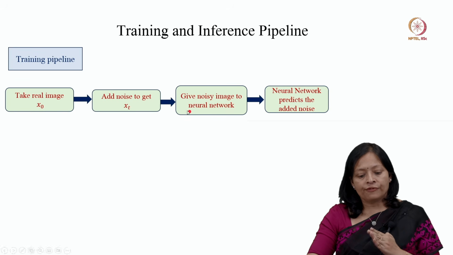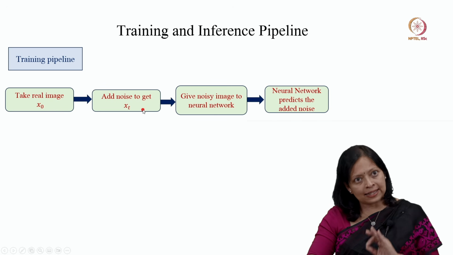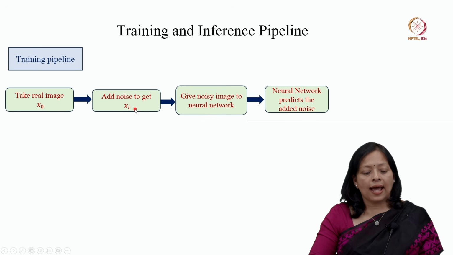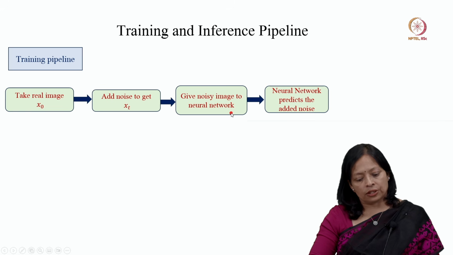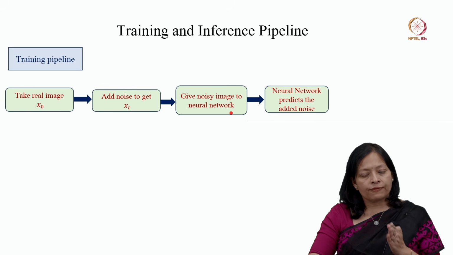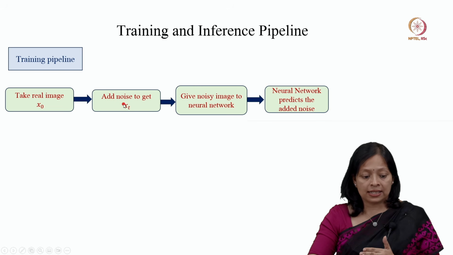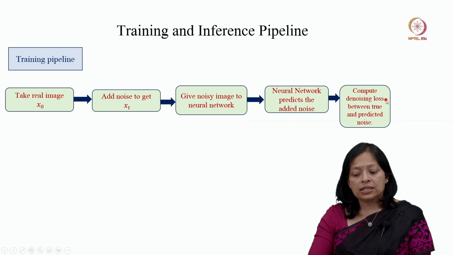Suppose I start from x0, then add noise to get x_t, that might not be the final one. We give this noisy image x_t to the neural network, and the neural network predicts the noise added in x_t compared to x0, and computes the denoising loss between true and predicted noise.